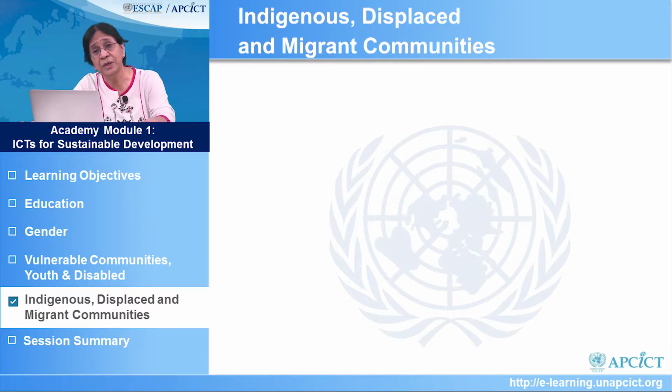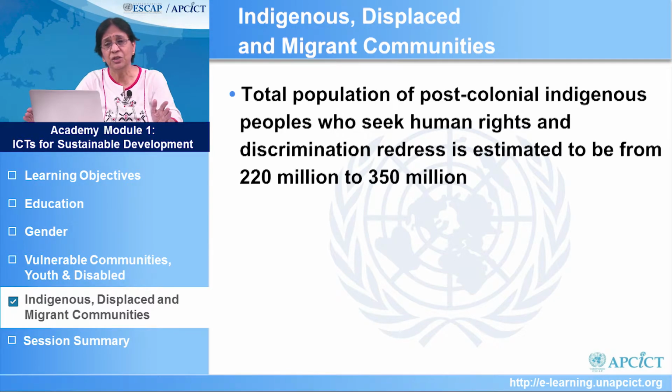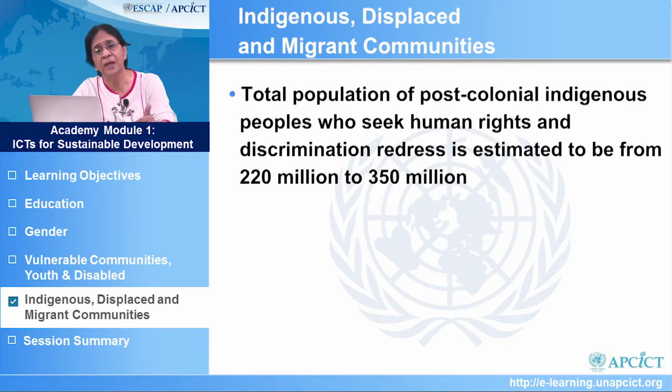When it comes to Indigenous, displaced, and migrant communities, while there is no real definition, what we do know is that there are a large number of tribes and indigenous communities all over the world. Most of them are outside the mainstream of a country's life. Look around you in your own country and try to define who these tribes are, and look for a service that provides an ICT-based solution for them.